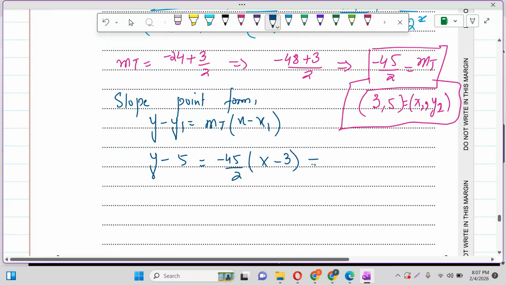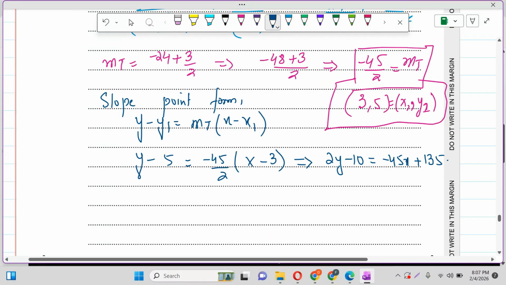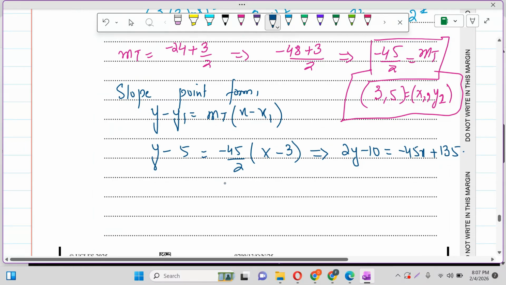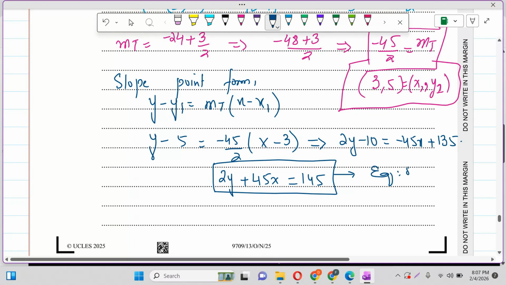Further solving, we have 2y - 10 = -45x + 135, and the equation of the tangent is 2y + 45x = 145. This is the equation of the tangent.